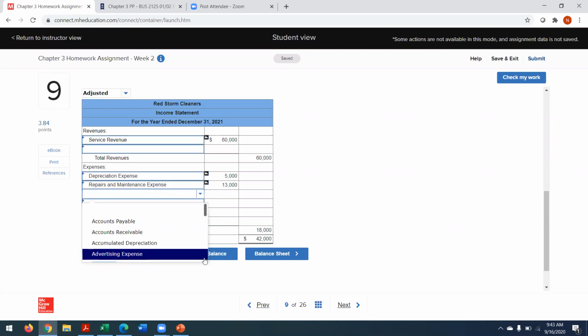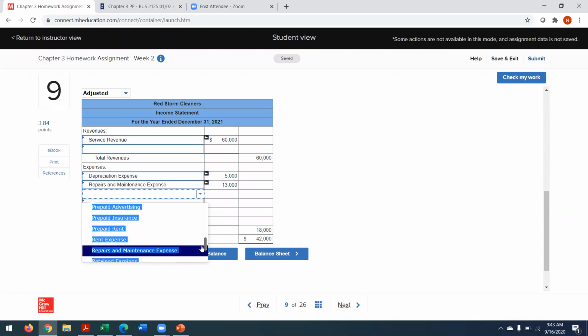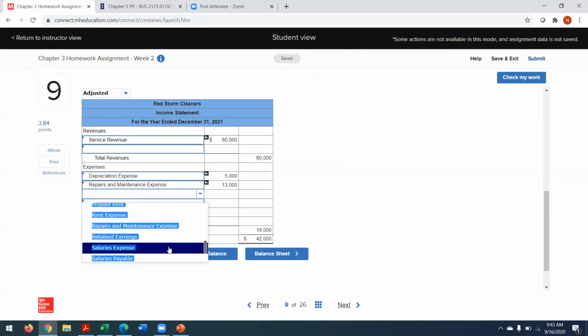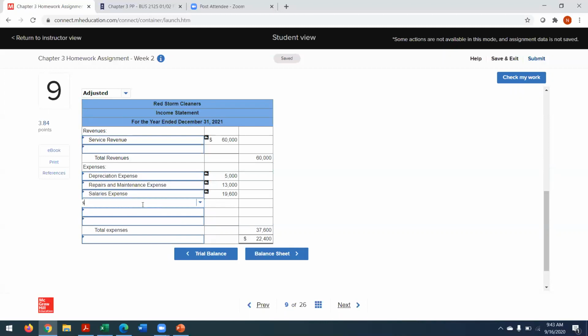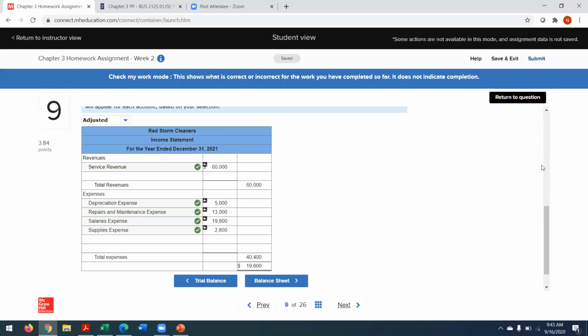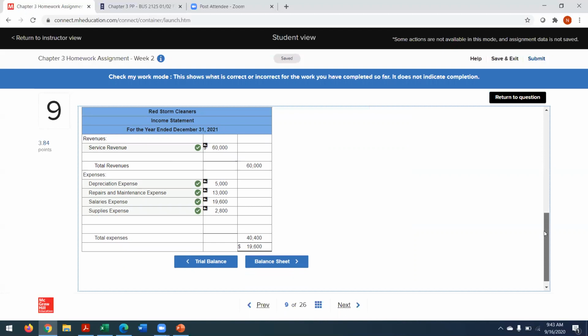What did you say, sweetie? Salary expense and supplies expense. Salaries and supplies. Is that it? Yes. So this is my income statement, isn't it? Right? Let's check my work. Looks like that's my income statement.